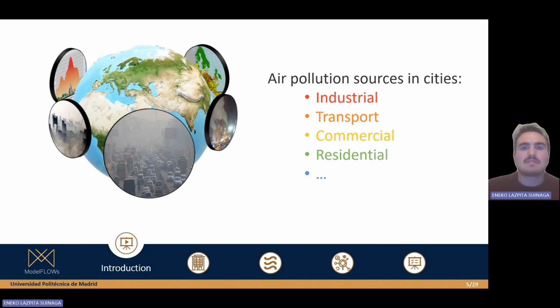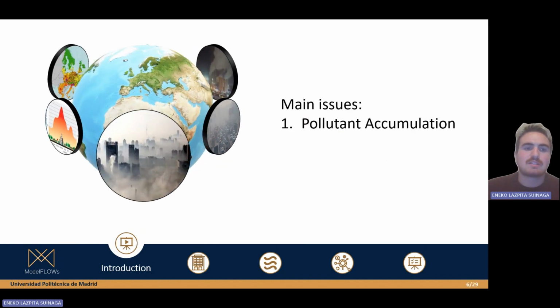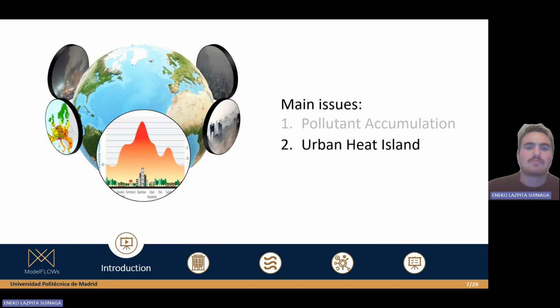This creates two main issues in this problem, where one would be the accumulation of these pollutants in the urban areas, and the other one, also a consequence of this, is the urban heat island, where basically we have a peak of temperature inside of the cities compared to the rural areas that may cause many different bad consequences.